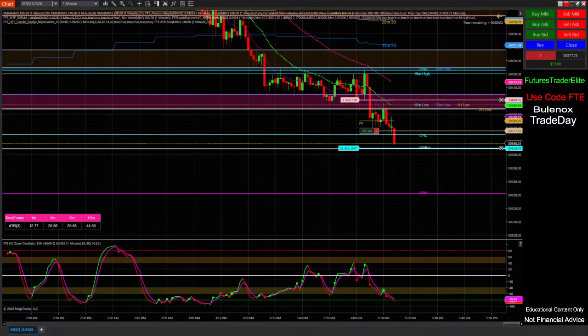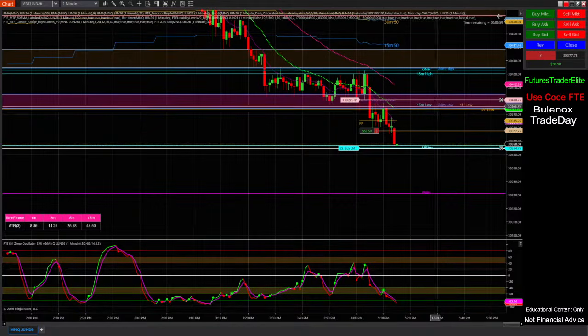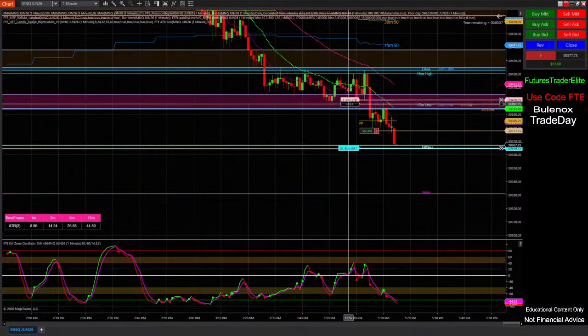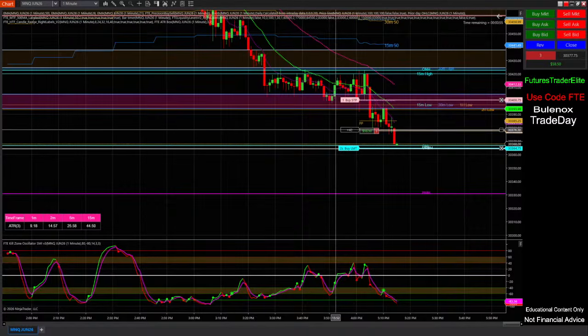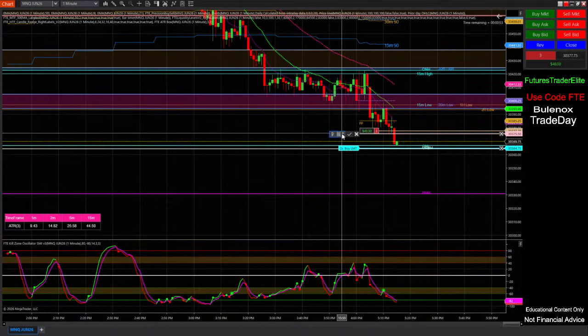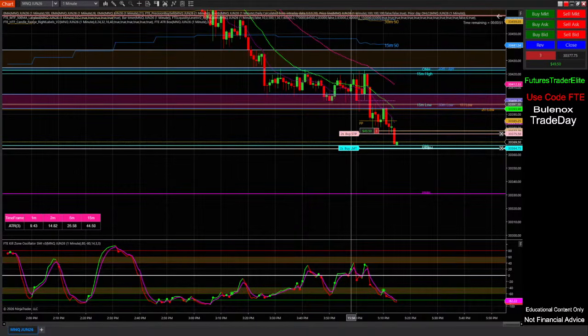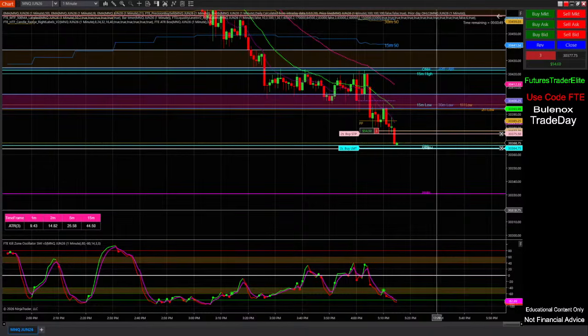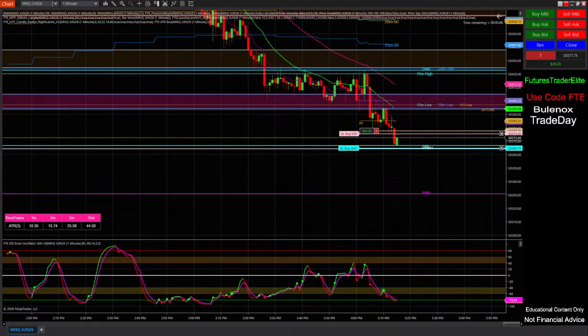15-minute candle's about to close in a minute. If it closes below, say, 360, there could be a lot more downside in play here. 2 stop there, just in case. Come on, push back down.